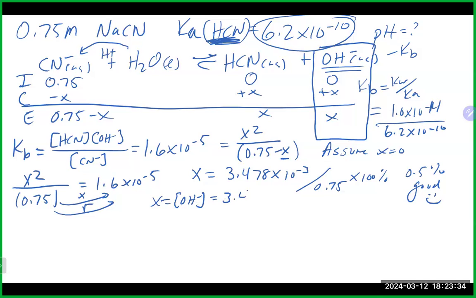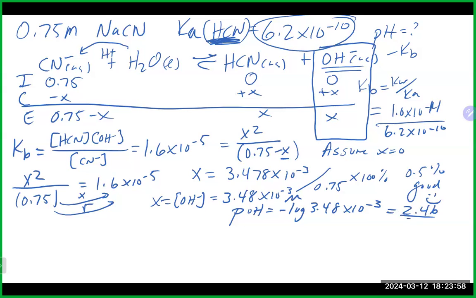So I'll do a little rounding maybe. We're going to go into our pOH, which will be minus the log of 3.48 times 10 to the minus 3. And that's going to get us 2.46.